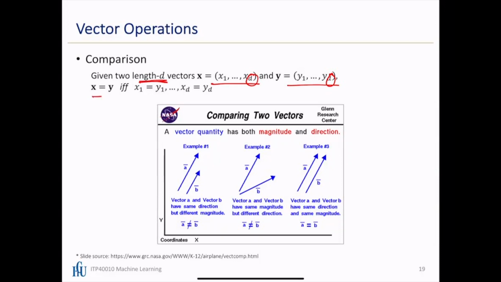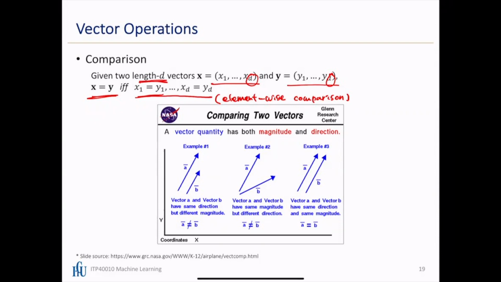And in order to say those two vectors are the same, you need to conduct an element-wise comparison. So you need to check that x1 and y1 are the same, x2 and y2 are the same, and so on, up to xd and yd being the same.